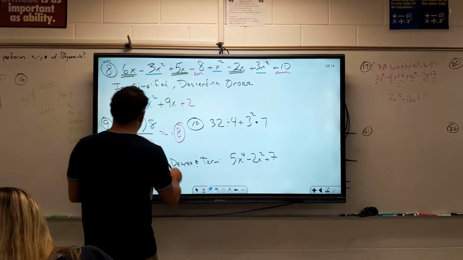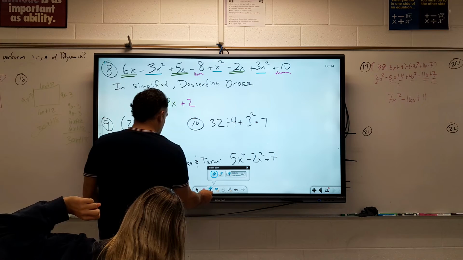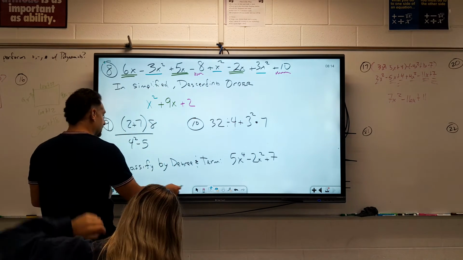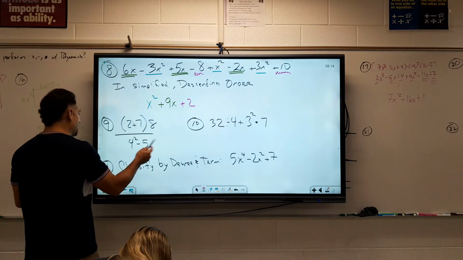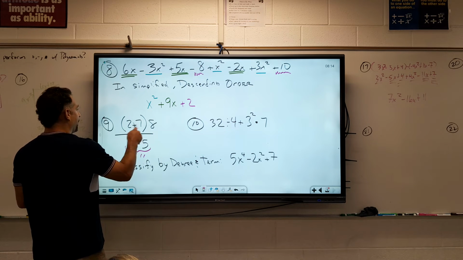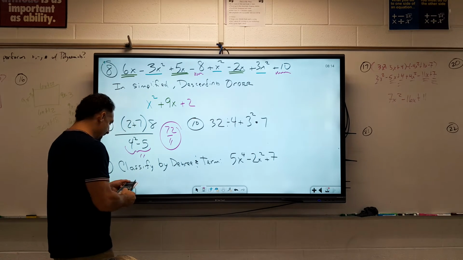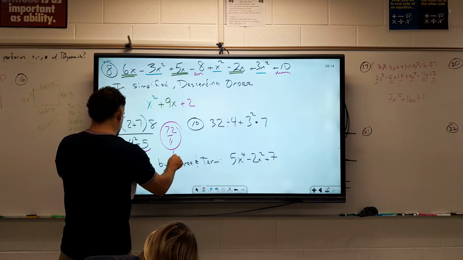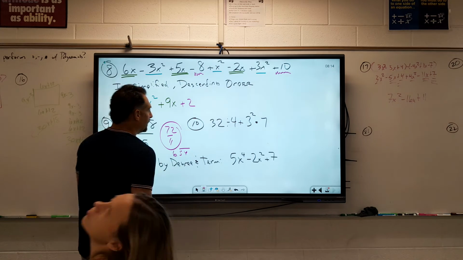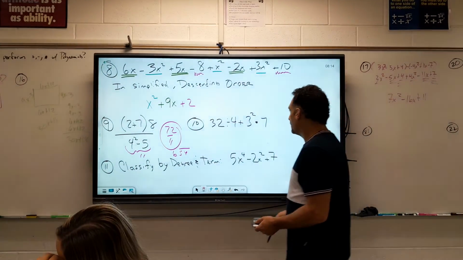My bad. Golly, what is wrong with my brain today? 16 minus 5 is not 9. 16 minus 5 is 11. That's 72 over 11. If you hit the convert button, it's 6.54 repeated. Wow. I'm losing my edge.